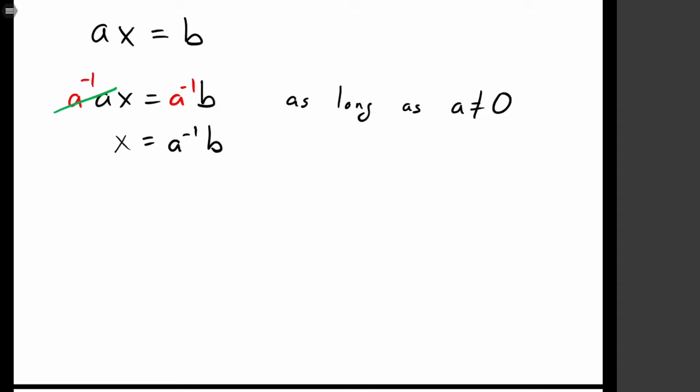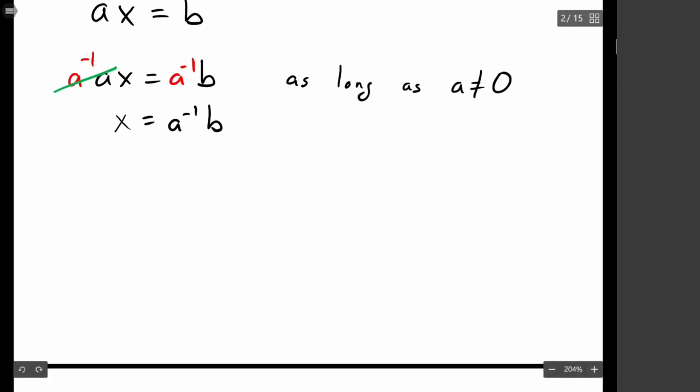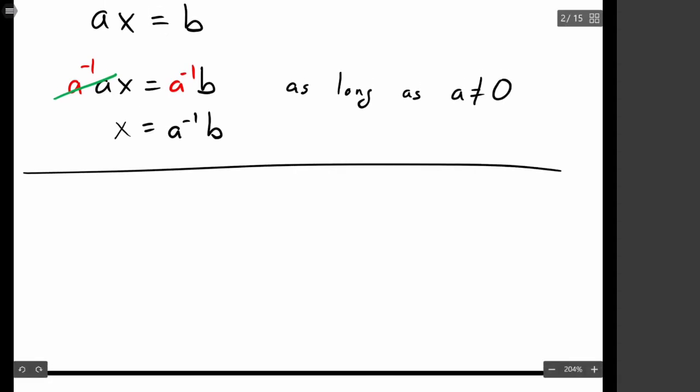All right. So inspired by this, we define what a matrix inverse is. Or maybe before defining this, let's say what we'd like to do for matrices is have a similar kind of concept. Let's say we have a matrix equation, A times x equals b.